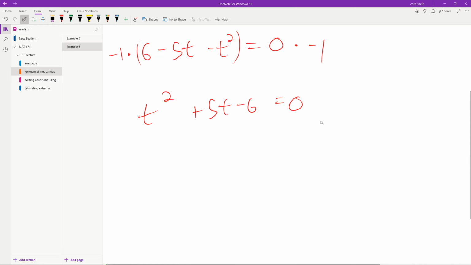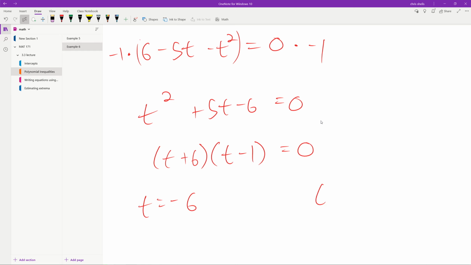And now I can see that this factors to be what? t plus 6 times t minus 1. And this gives me t equals -6 and t equals 1 as my horizontal intercepts.